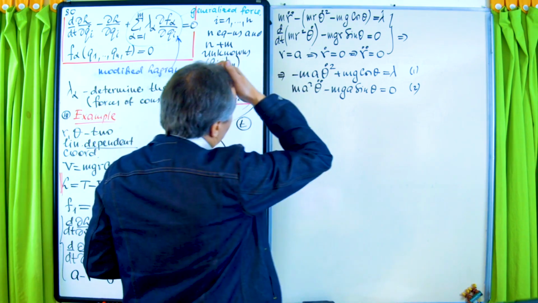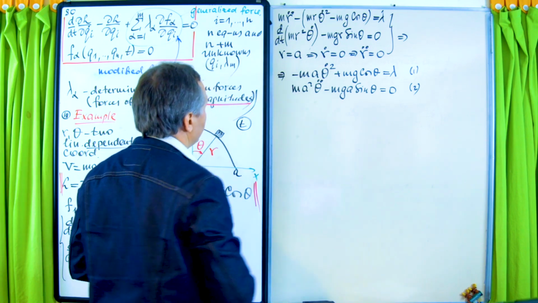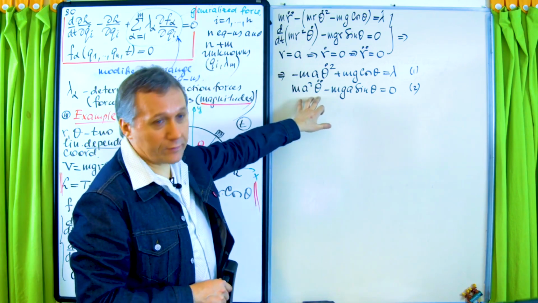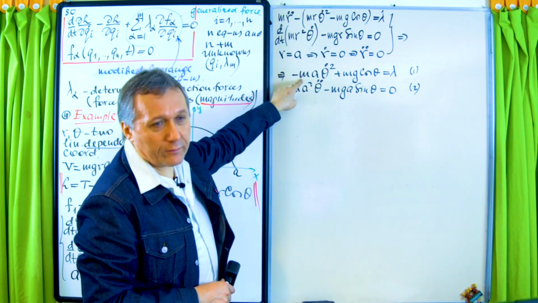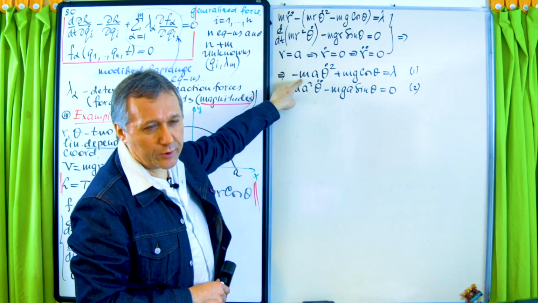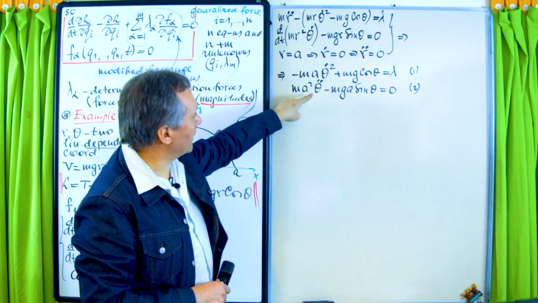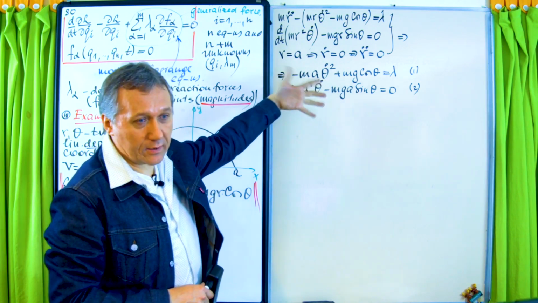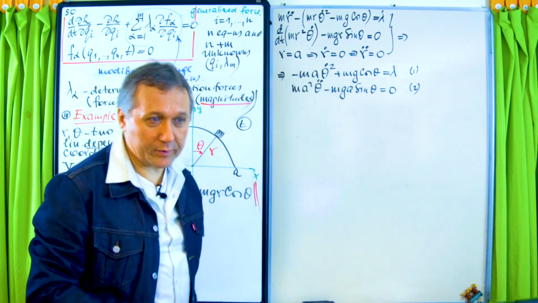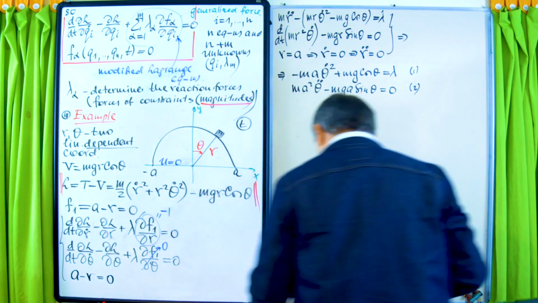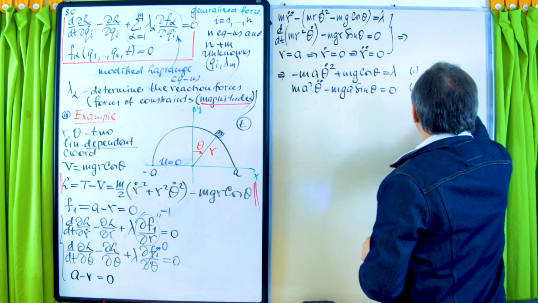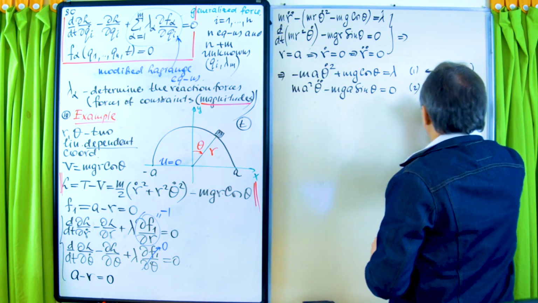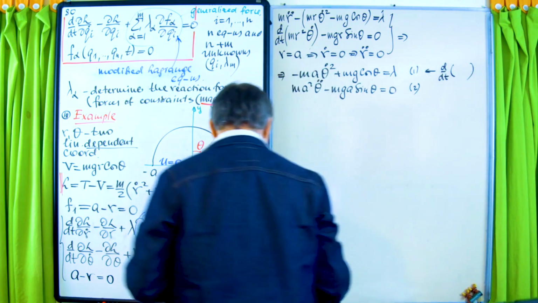So now how can we combine them? I need to get rid of theta dot. So what I'm going to do is differentiate the first equation with respect to t, so that I can get a theta double dot there and remove it. So d over dt of the first equation.